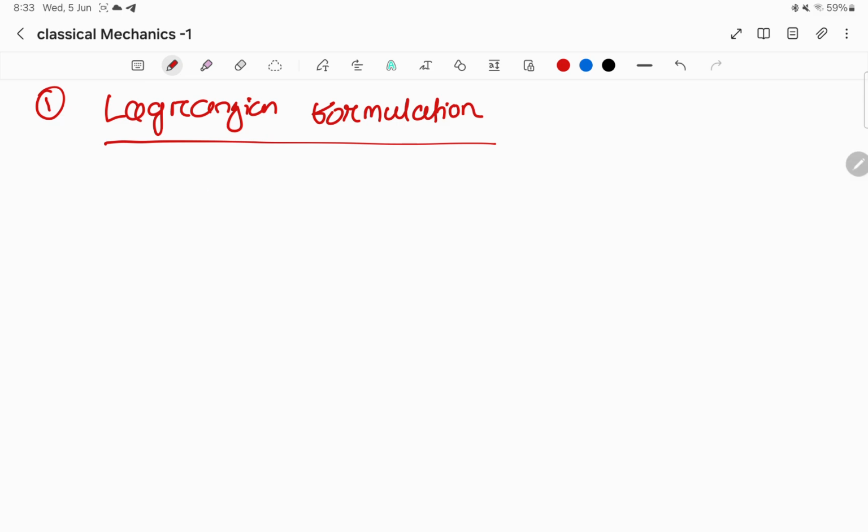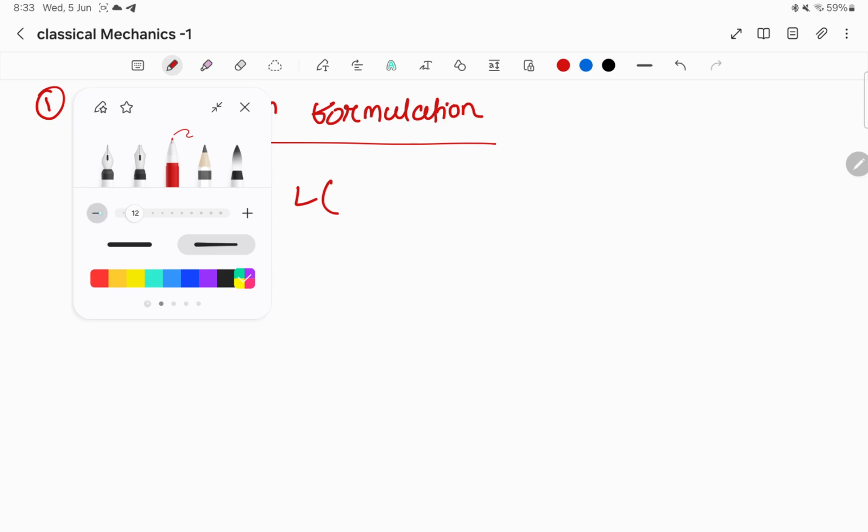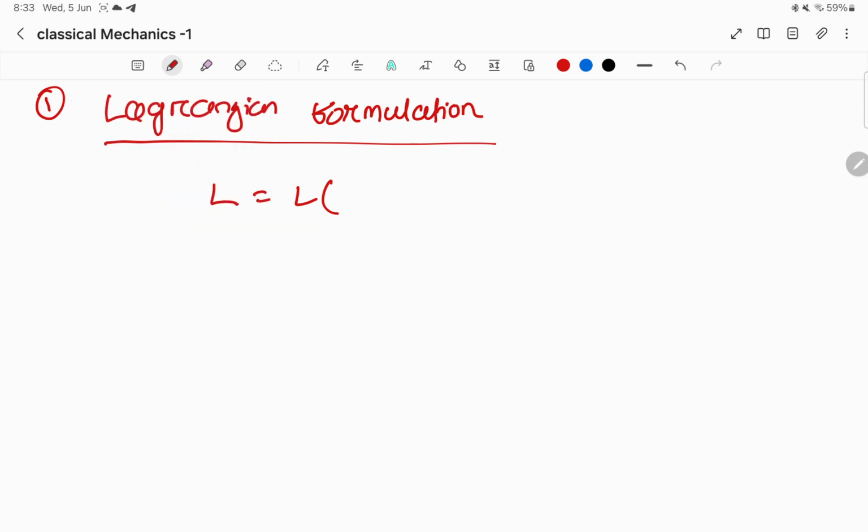Basically, the Lagrangian is a function of q_i, q_i dot and t. Don't get confused about what I have written. q_i is the generalized coordinate.